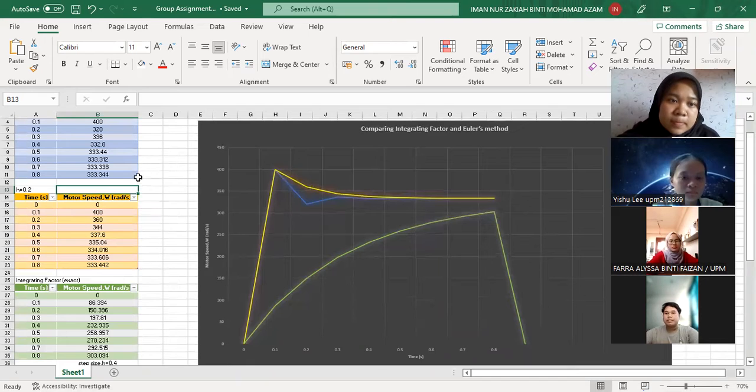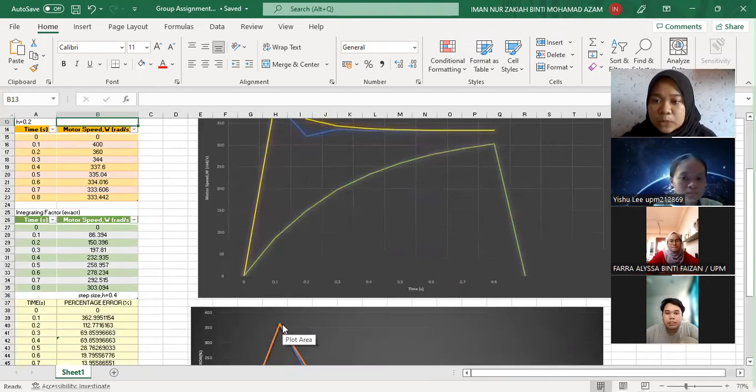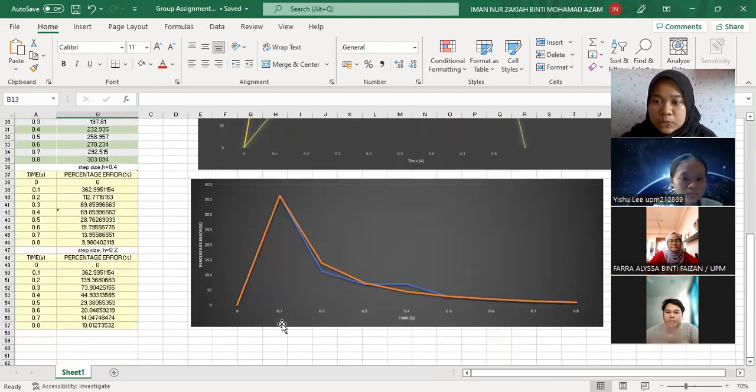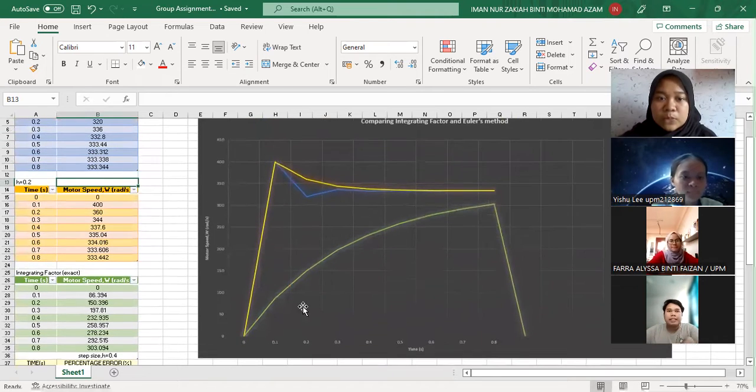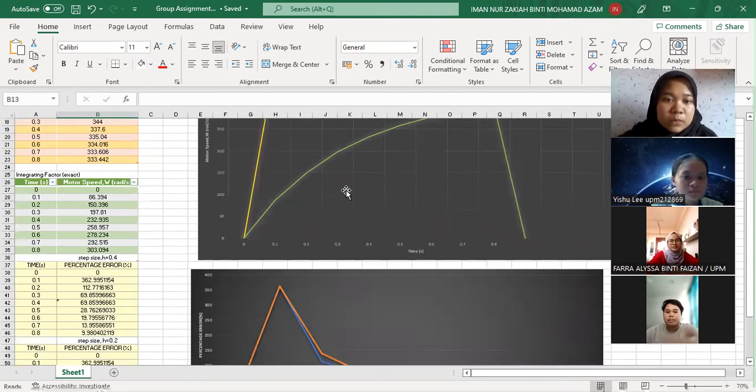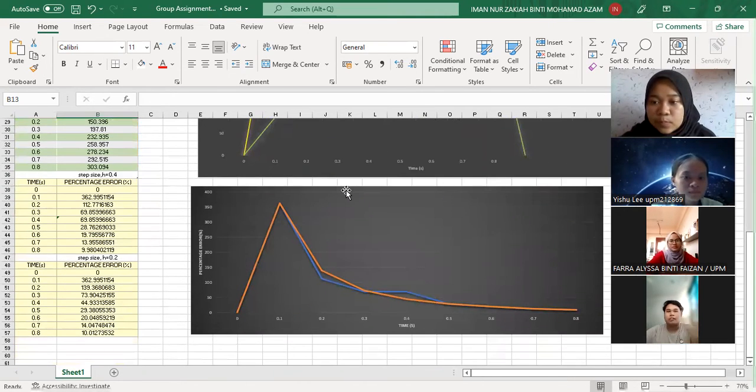And for the integrating factor or the exact differential equation, we use a green table and green line. So here are our graph outcomes.